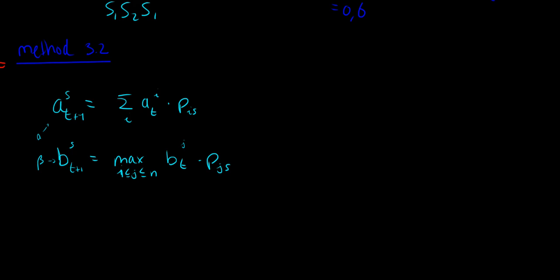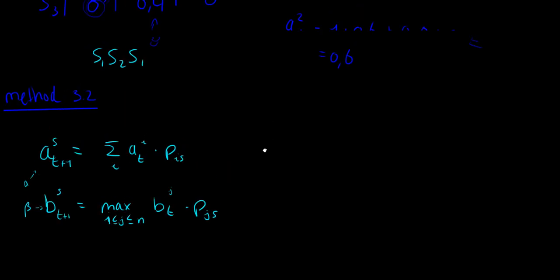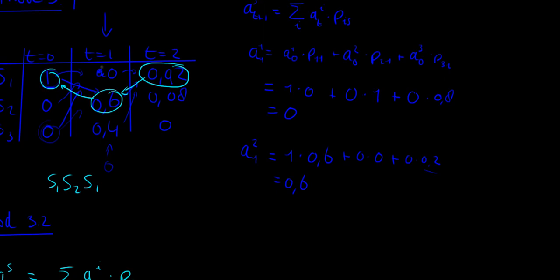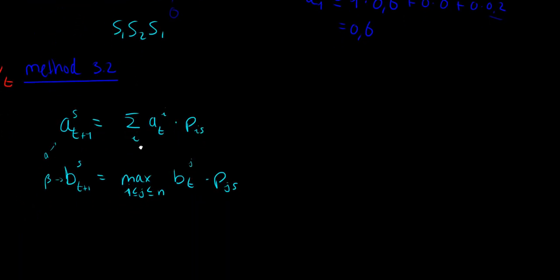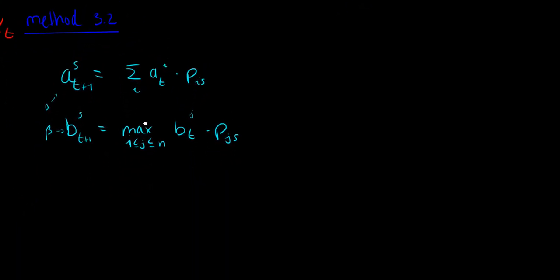The only difference is instead of summing all these values, so here we summed all these values. For example, here we had 1 times 0, 0 times 1, and 0 times 0.8. Instead of summing, we now take the maximum.